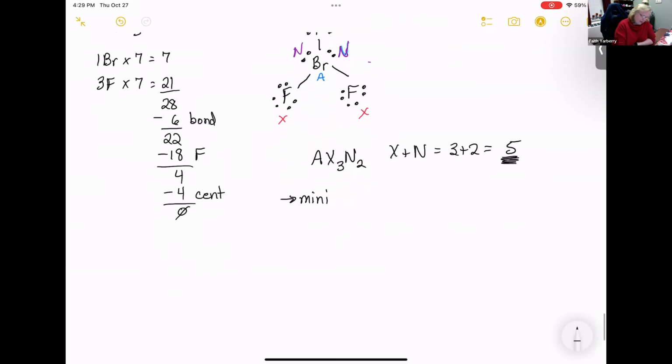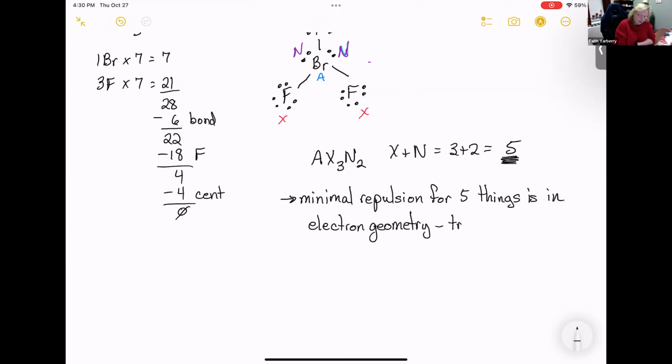Minimal repulsion for 5 things is in the electron geometry of trigonal bipyramidal.